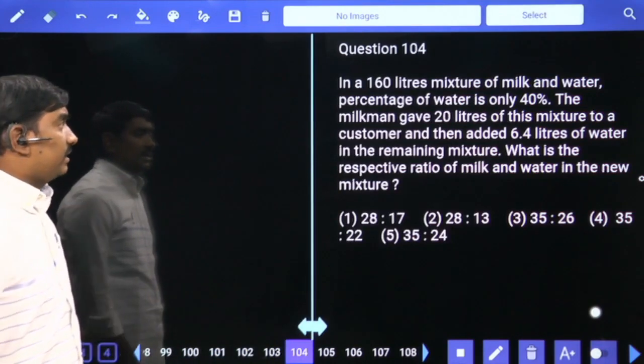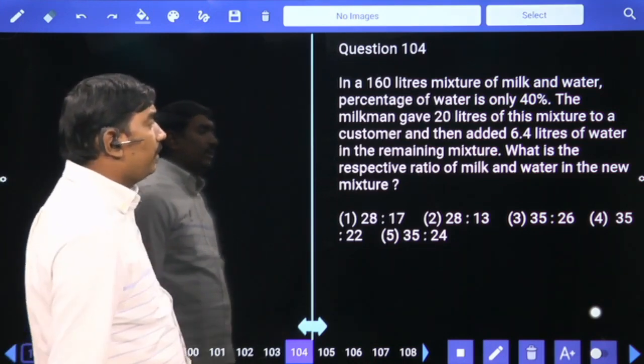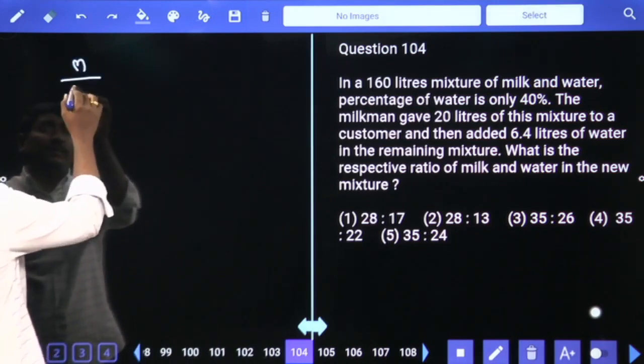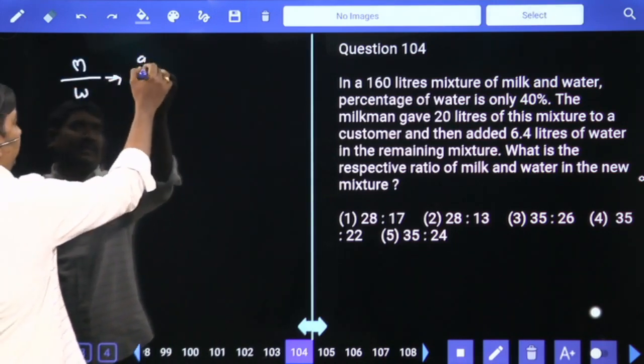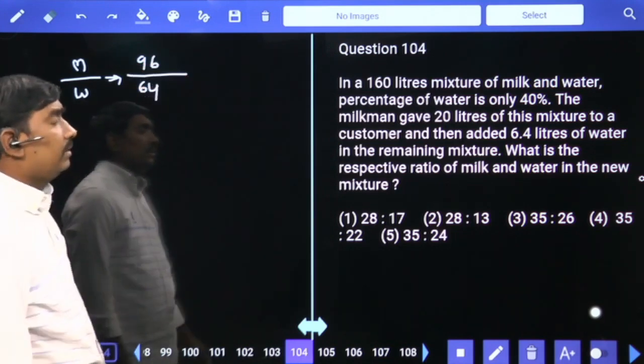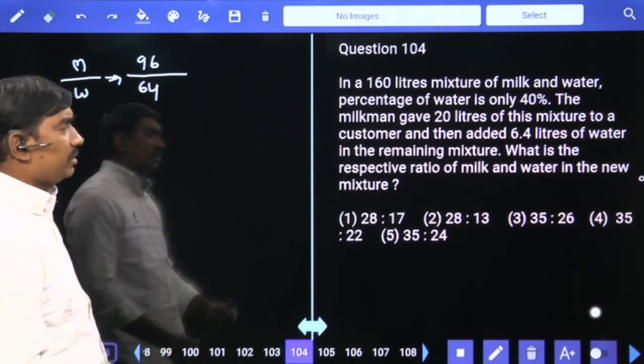In a 160 liters mixture of milk and water, percentage of water is only 40%. So water 40% means milk 60%, 96 liters, and water 40% means 64 liters. The milkman gave 20 liters of this mixture to a customer.